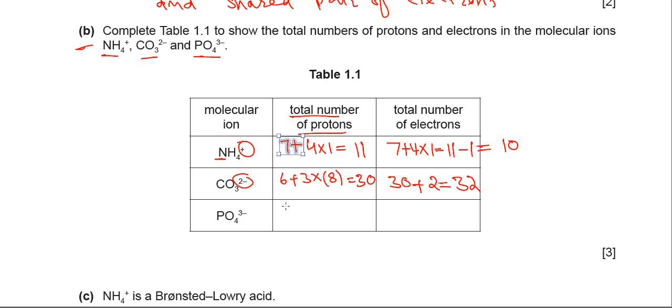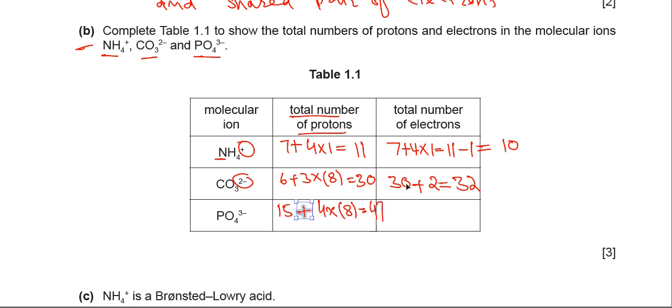In case of the phosphate, we have phosphorus, which has a total of 15 protons, as the atomic number of phosphorus is 15, plus there are 4 oxygen atoms. Each oxygen atom has 8 protons. So if we calculate, 4 times 8 plus 15, it's 47.